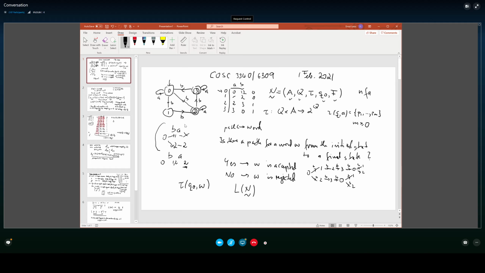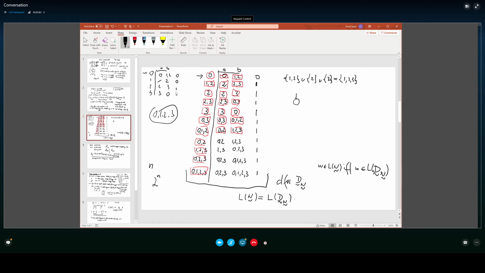Oh wait, now I have a question on slide 3. I remember you said that the first one was 0 at the end. So how about on 3 though? Because on 3, when it's a B, it goes to 0 and that's not a final state. Who cares? The question whether a state is final is determined on the basis of that first column.